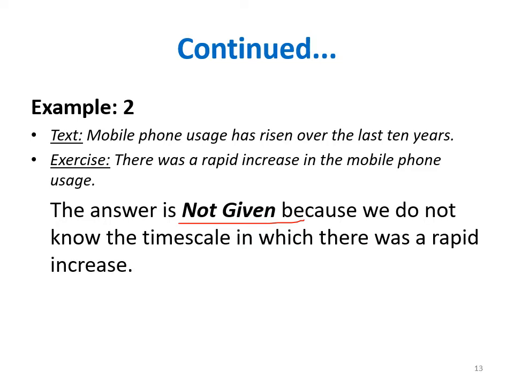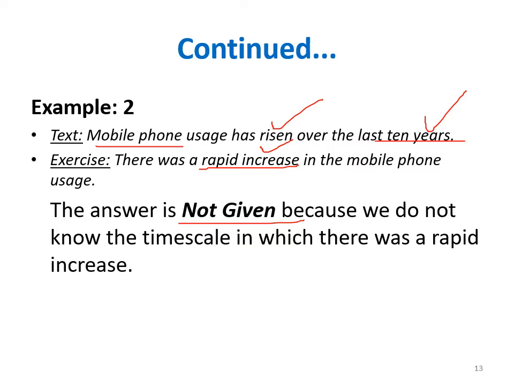Look at this. Mobile phone usage has risen, increased over the last 10 years. Okay, so there has been an increase in the mobile phone usage in the last 10 years. Here it says rapid increase. This does not say rapid increase. Okay, if we say there is something about increase, that's fine in the mobile phone usage. Now we don't have any time here.